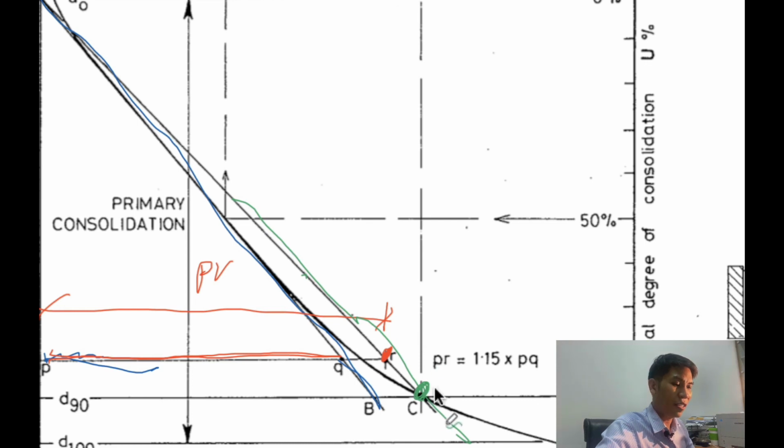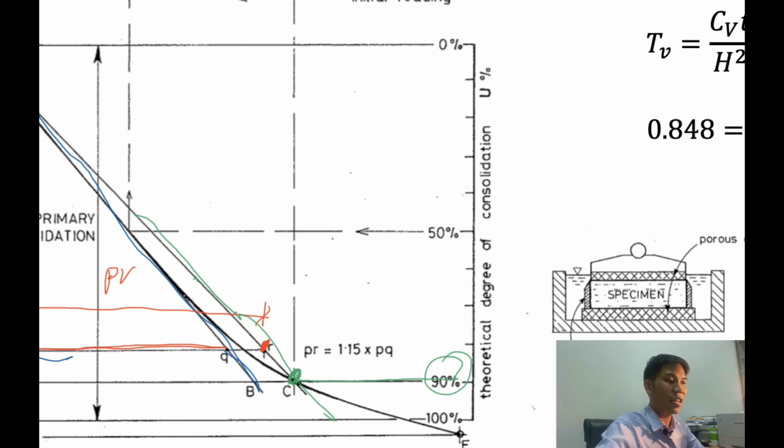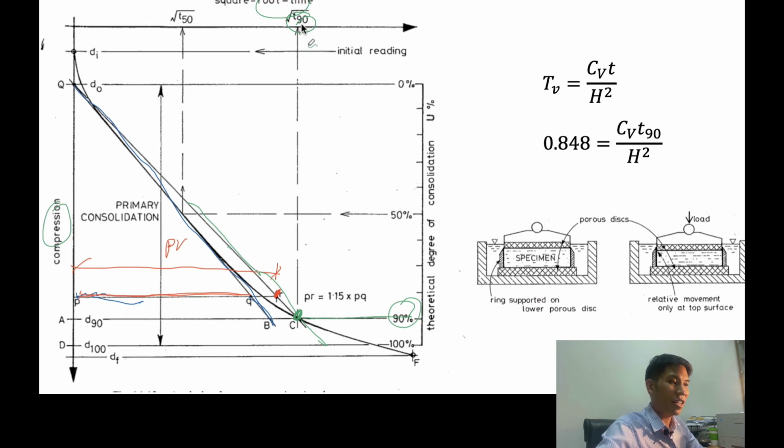This point is the time for 90% consolidation, the T90. After that, you substitute the T90 in this equation. H is the thickness of the specimen divided by 2. Tv is equal to 0.848. After that, you can calculate the value of CV for root time.